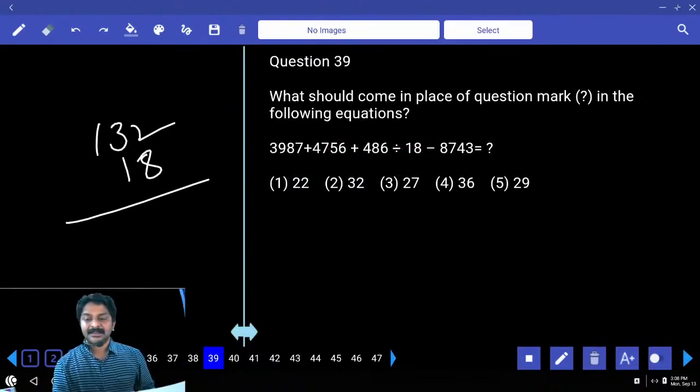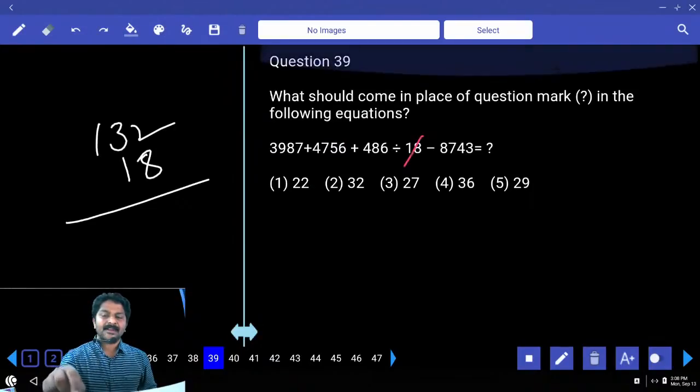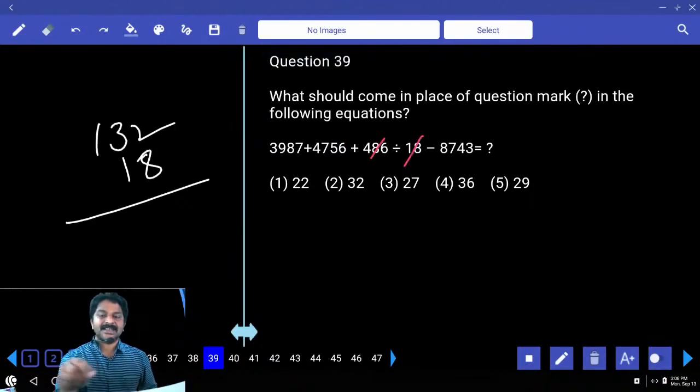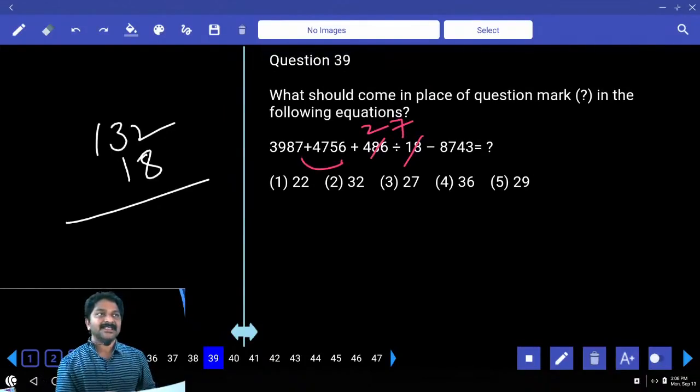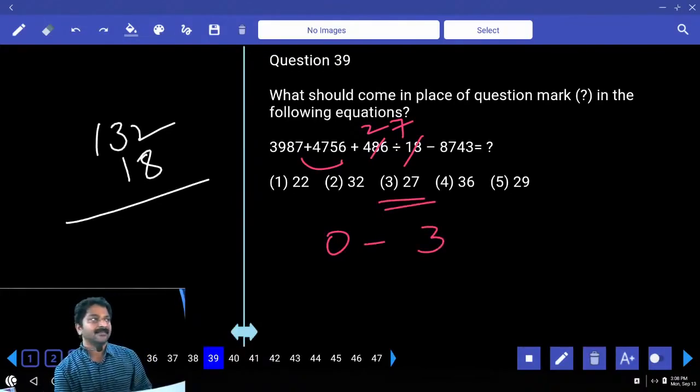Next, so let's go for last digit verification. Division part, let me complete this. 18 2 times 36, and then we have 126, that is 7 times. 7 plus 6 3, 3 plus 7 0, 0 minus 3, answer must end with 7, third option, final. Over.